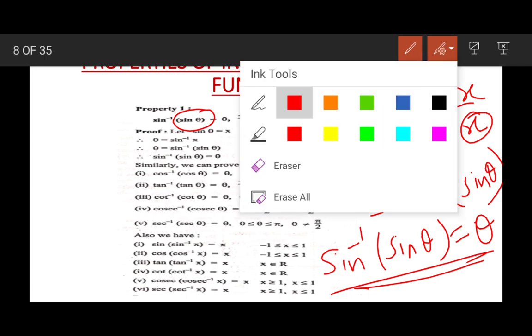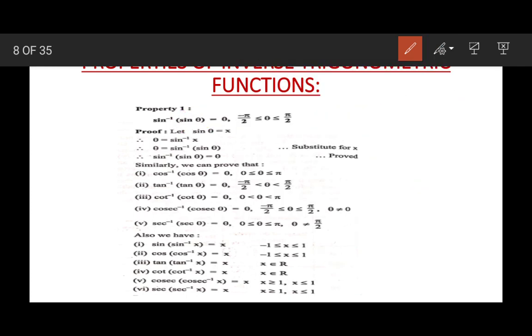Now similarly we can prove that cos inverse cos theta is also equal to theta for the range 0 less than or equal to theta less than or equal to pi. Tan inverse tan theta is also equal to theta for minus pi upon 2 less than theta less than pi upon 2.